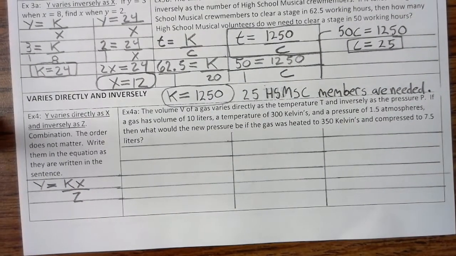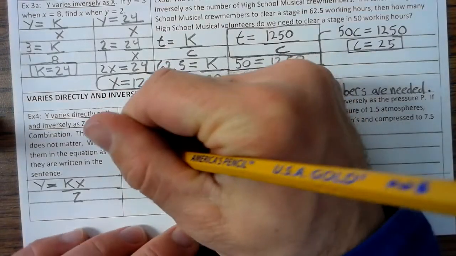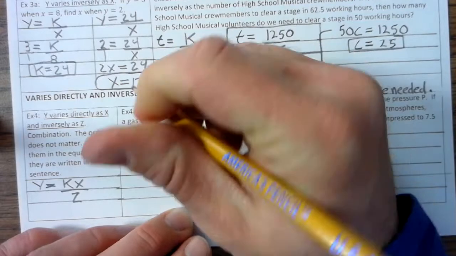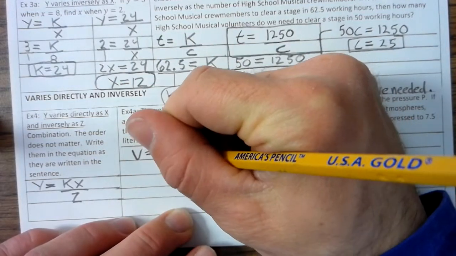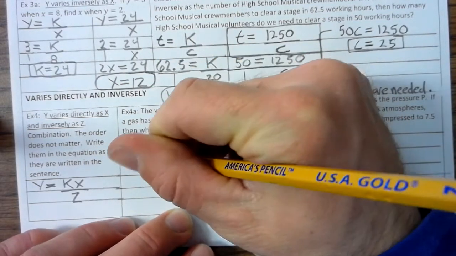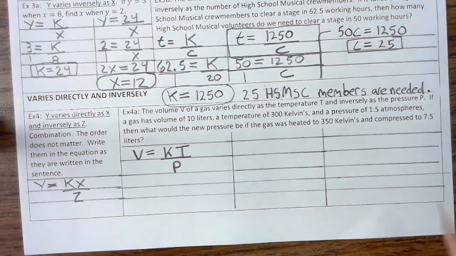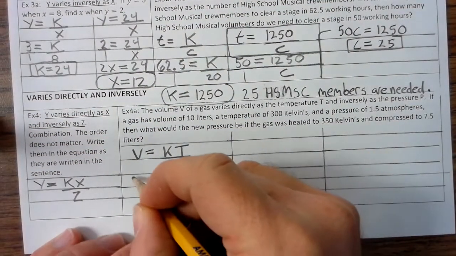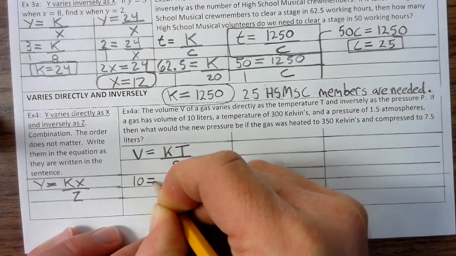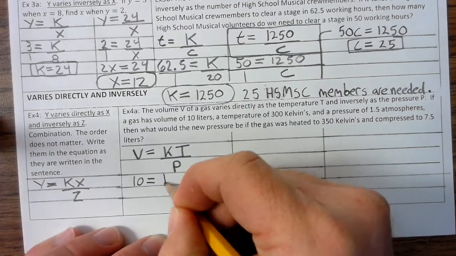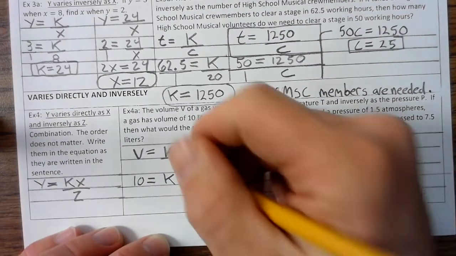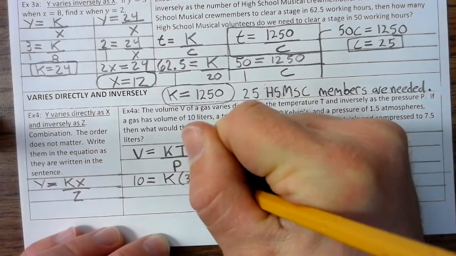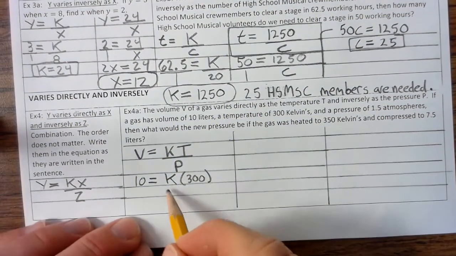All right. The volume of a gas varies directly as the temperature T and inversely as the pressure P. So volume equals K T divided by P. Now, if gas has a volume of 10 liters, so 10 equals K, which we don't know, a temperature of 300, and a pressure of 1.5.